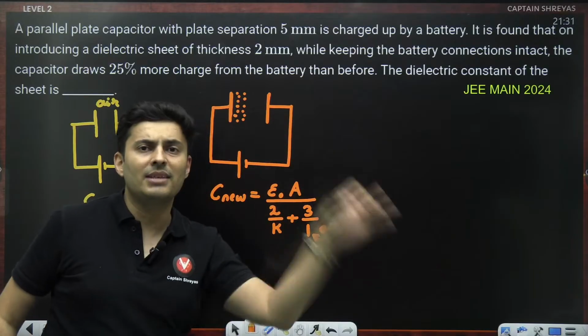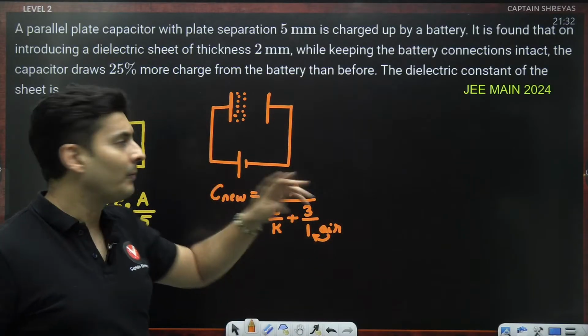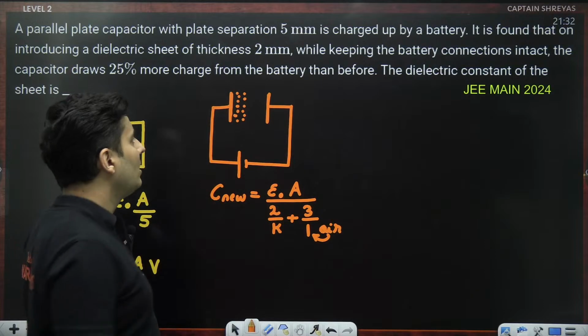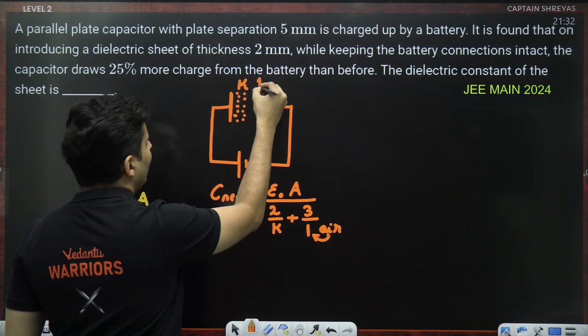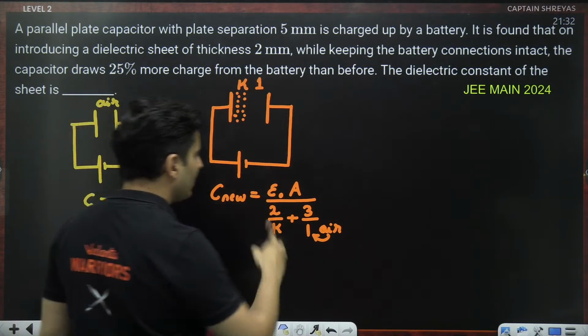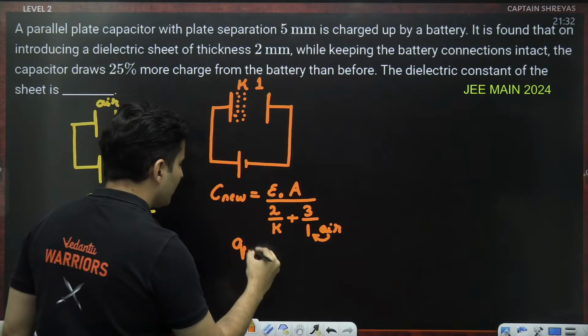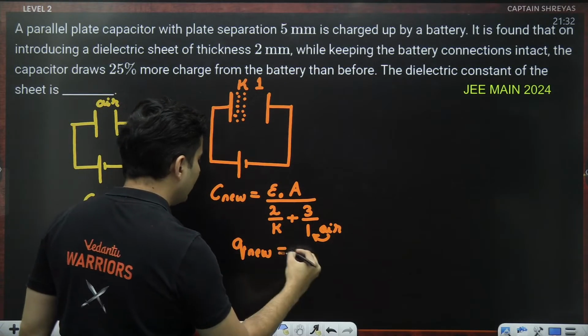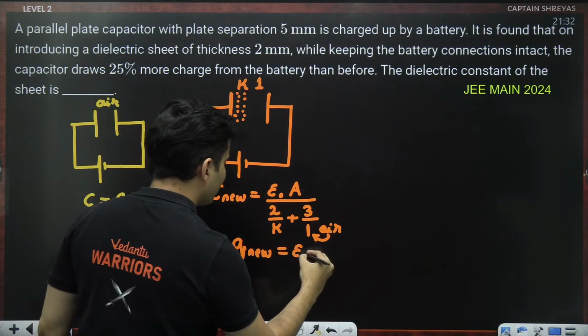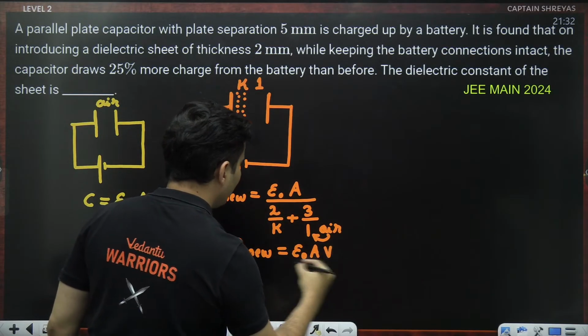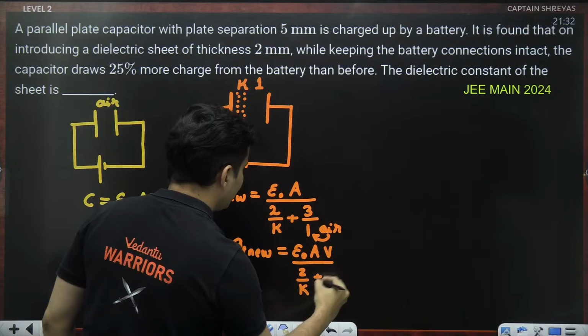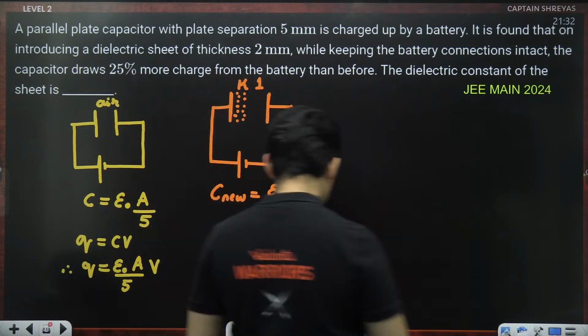As many slabs as you fill, that many terms will come. Air gap is also like a slab. You can think it's a slab of dielectric constant 1. That's it. Now the new charge, which is C into V, will be nothing but epsilon naught A into voltage divided by 2 by K plus 3 by 1, which is again 3 only.